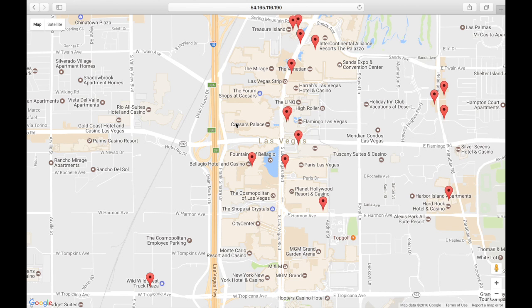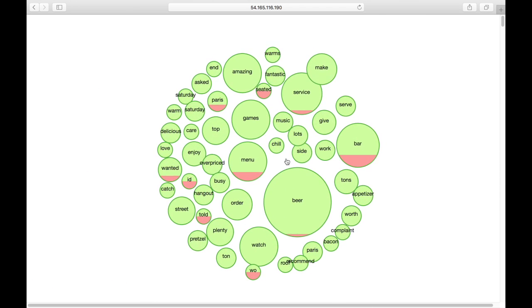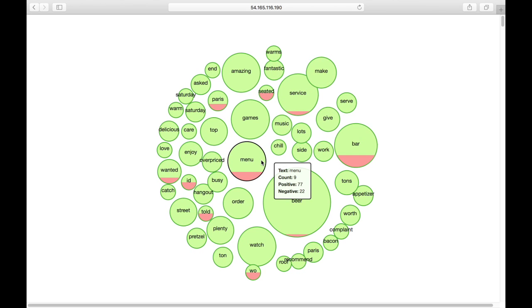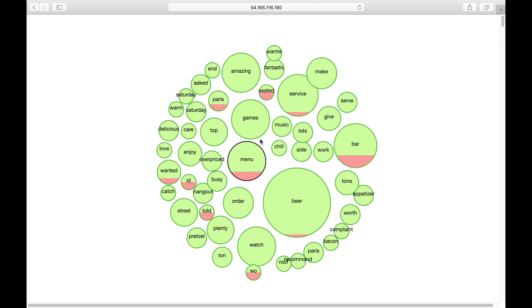Now let's get into some interesting demos. Once you get into the web page, you can see all the restaurants we have processed, and if you click on one of them, it's going to give you all the tokens in the form of a graph to let you understand all of the tokens and their positive and negative polarity. Let's just say we want to see the token beer, and it's got a positive of 96 and bar positive of 72.